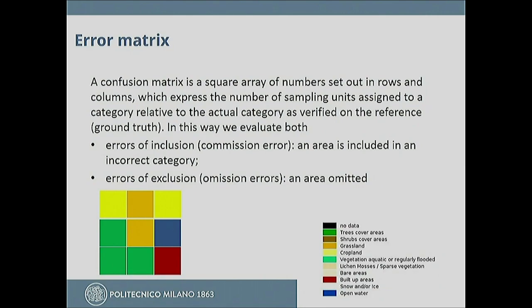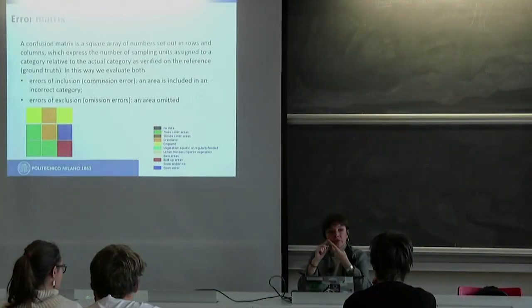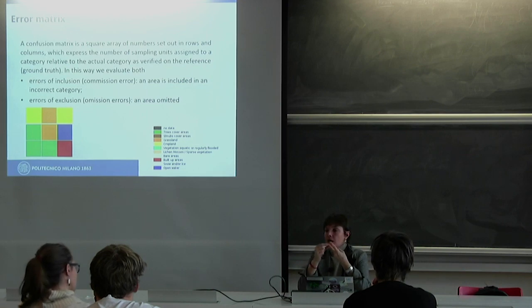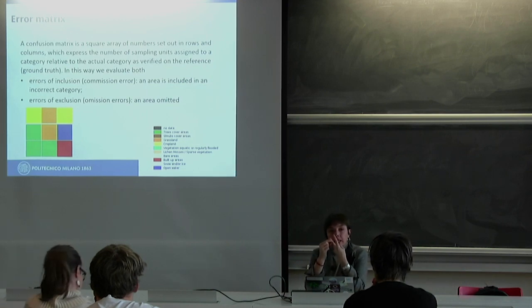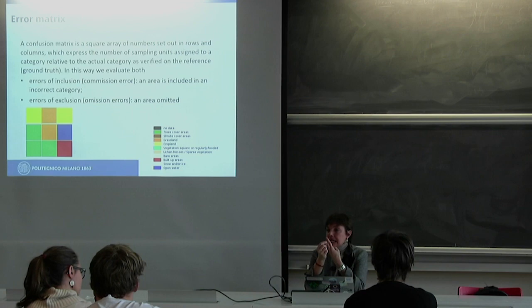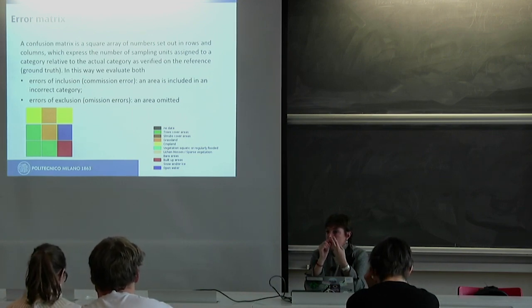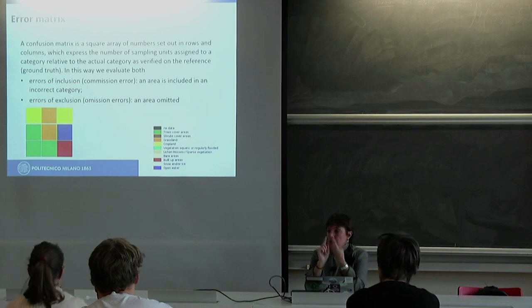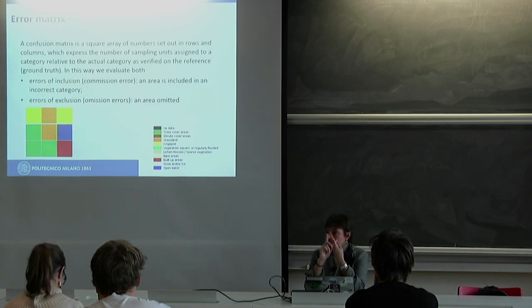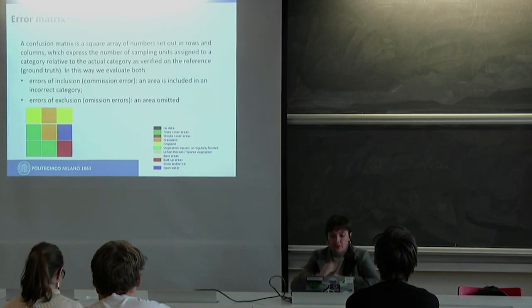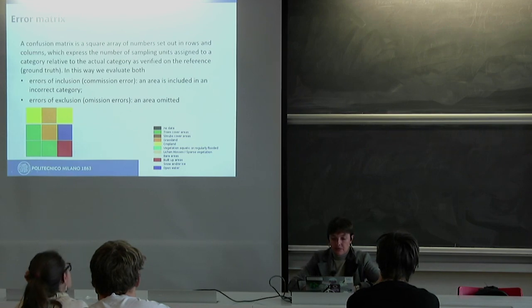So in any case, I'm comparing two different pieces of information: the global map against points, or the global map against a higher resolution map. Suppose that this one is the global map.